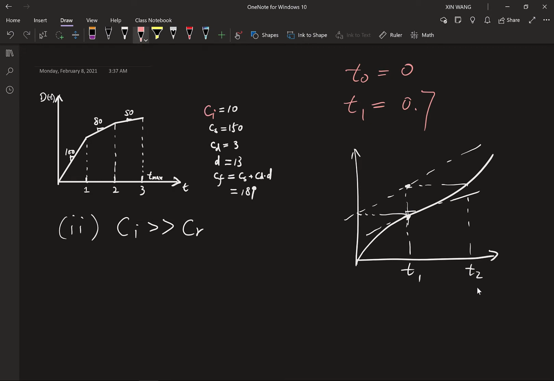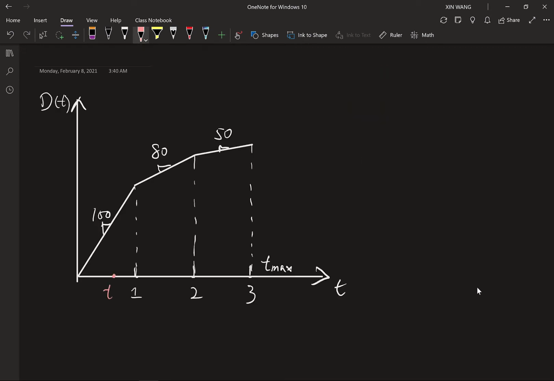T1 is here, so the gradient at T1 is 100. If we draw a parallel line, the gradient should also be 100. Then we find the intersection with this parallel line, and we will find T2.